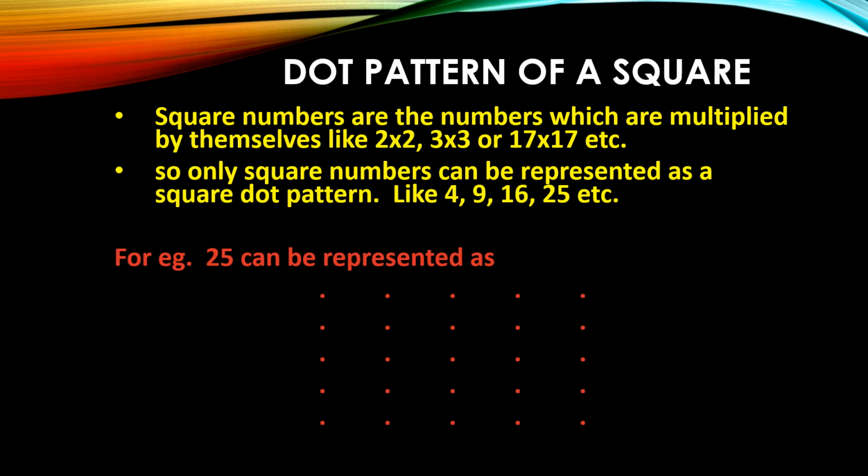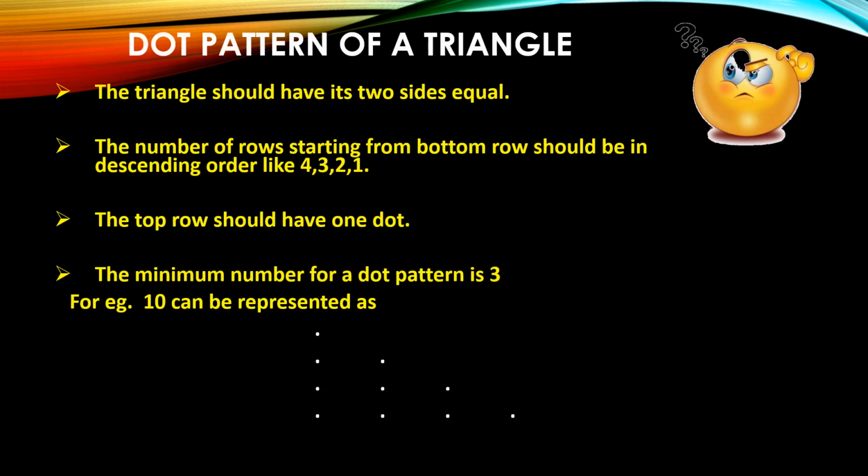Now moving on. Now if we want to know something about the dot pattern of a triangle, oh, it seems difficult, but no, it is very interesting and easy. You just need to know some of the rules. The very first rule is that the triangle should have two sides equal. The number of rows starting from the bottom row should be in descending order, like 4 3 2 1.